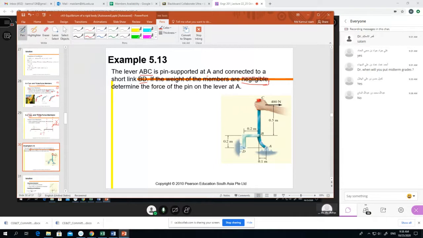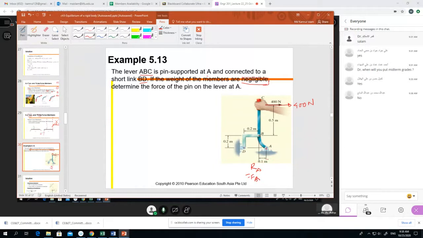A picture. So some kind of structural member, and its hand is pulling with a 400 Newton load. A is a pin joint. B is also a pin joint. Now the question is, what is the force at A? Reaction force at A, RA or FA, whatever you want to write.